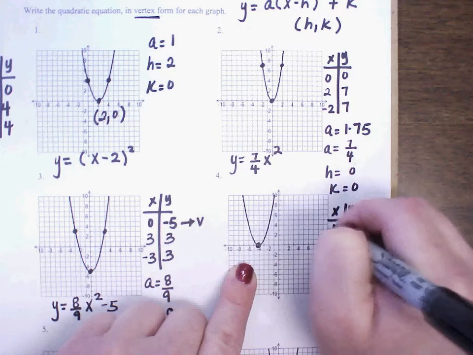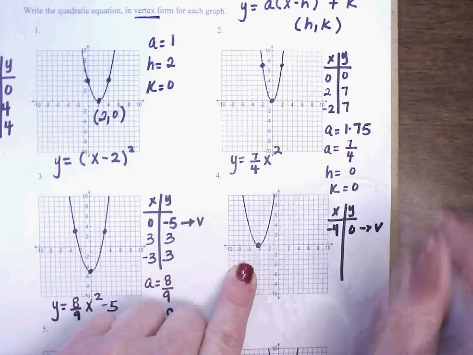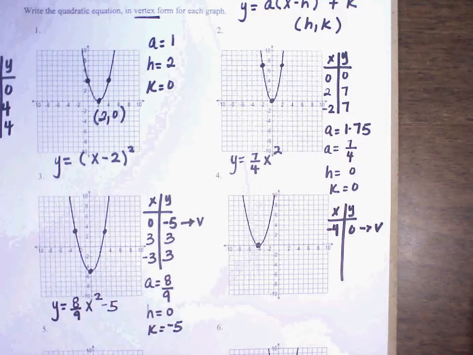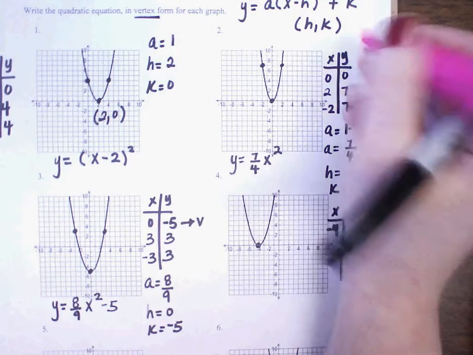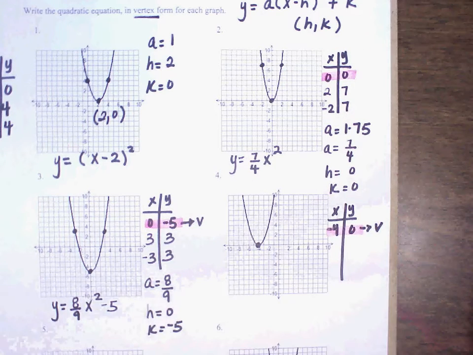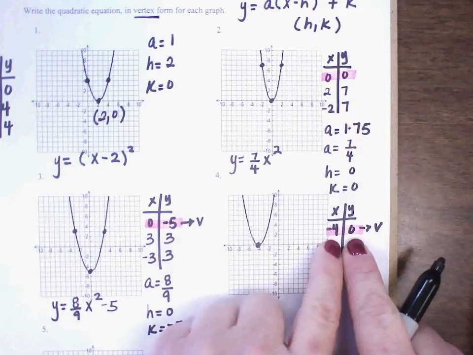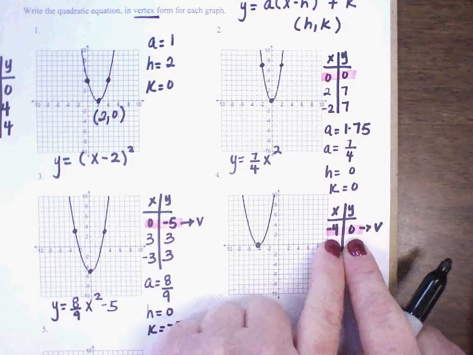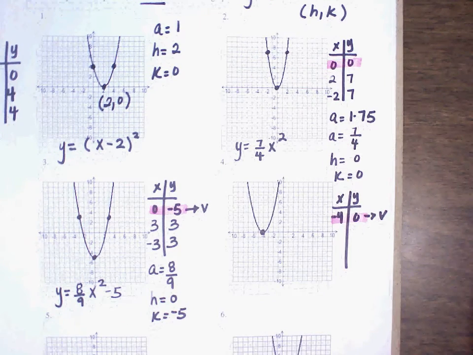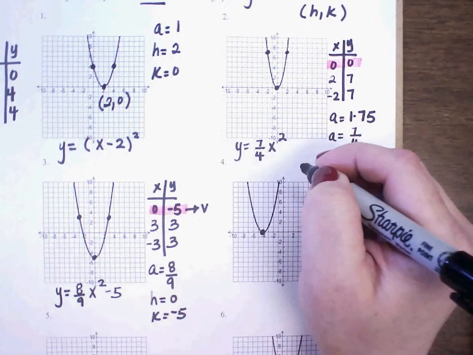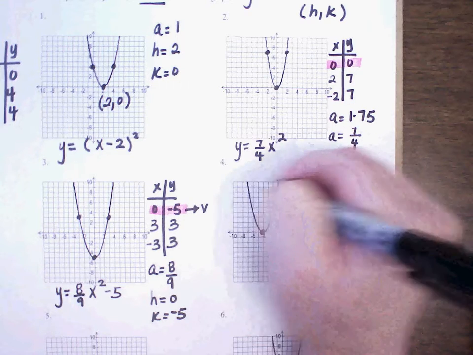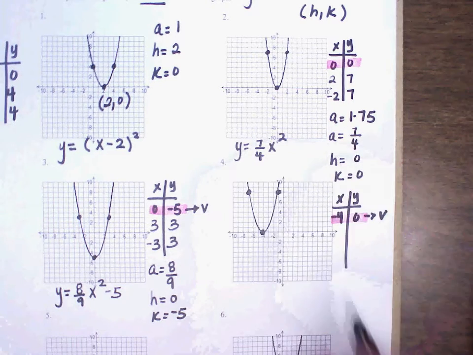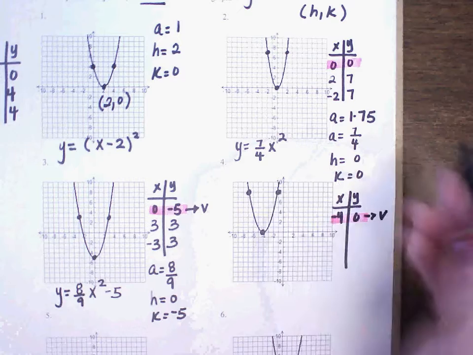What's my vertex? Negative 4 and 0. And let's label it. You know what? We need to start highlighting those vertex on our tables so that we don't get confused. Because that's my H and that's my K, right? Let's pick 2 points that we can clearly read.